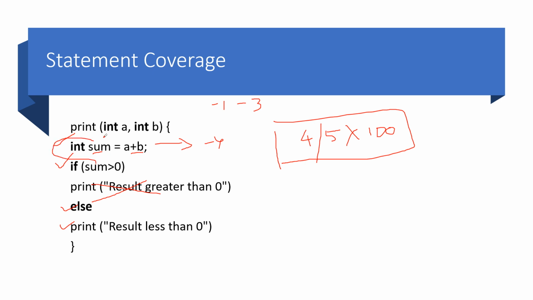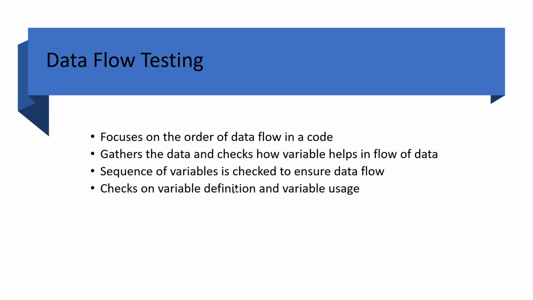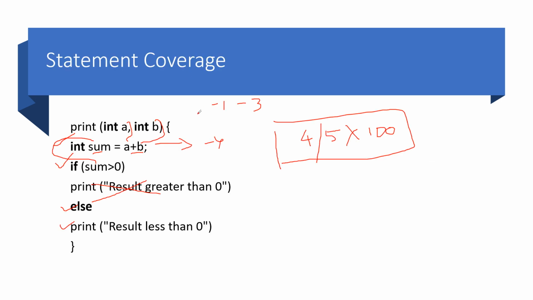So checking the order in which the data flow is happening is done in data flow testing. It gathers the data and checks how a variable helps in the flow of data, and where it is getting flowed.